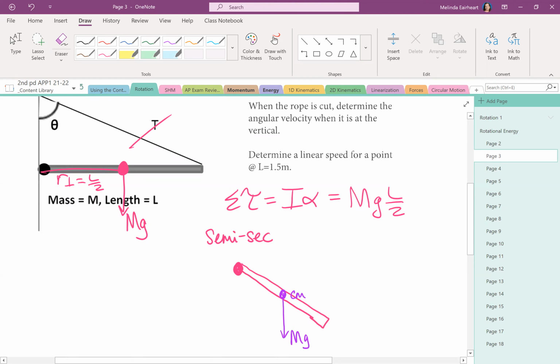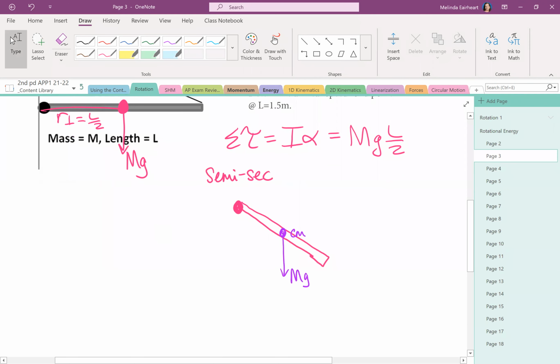Mg is all the same. But where's your lever arm? Is it still L over 2? No, it's a vertical force. I need line of action. Your lever arm is here, but the lever arm is now less than L over 2.